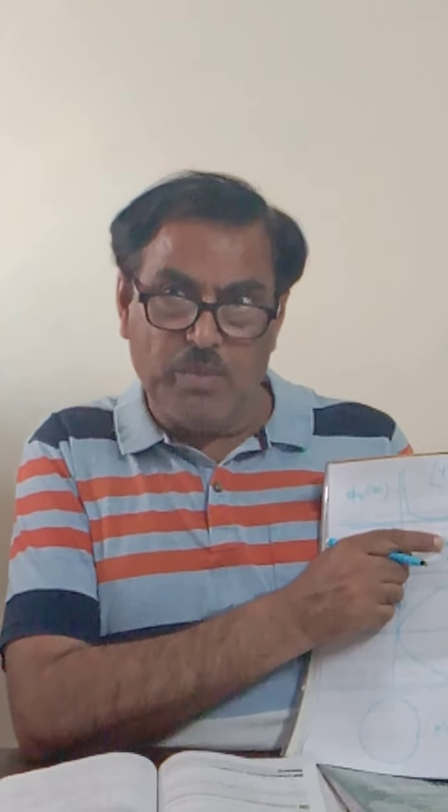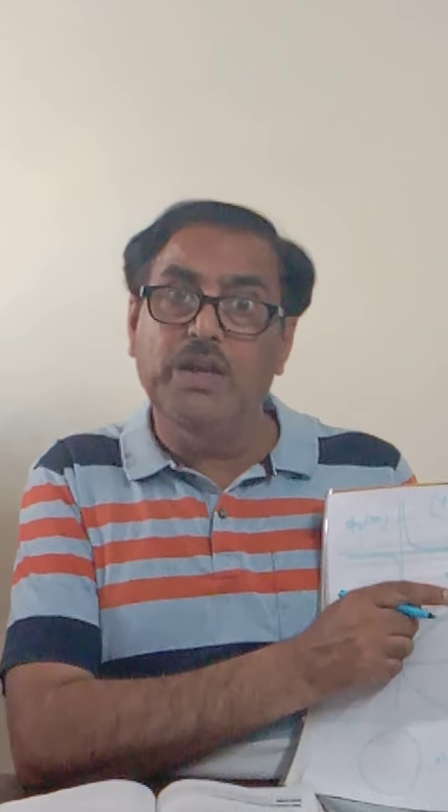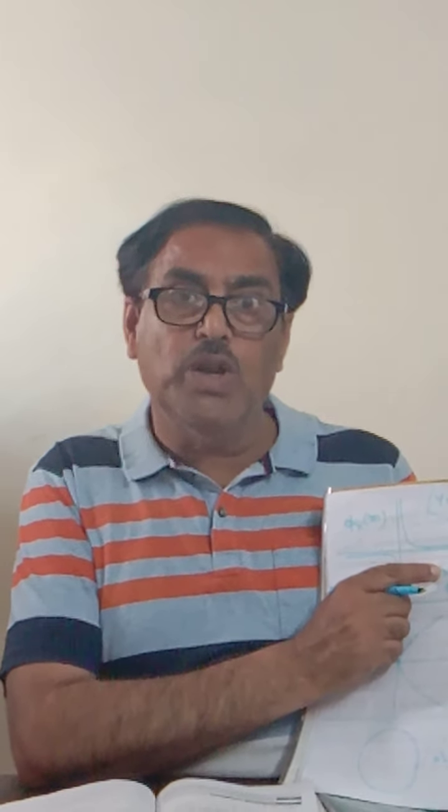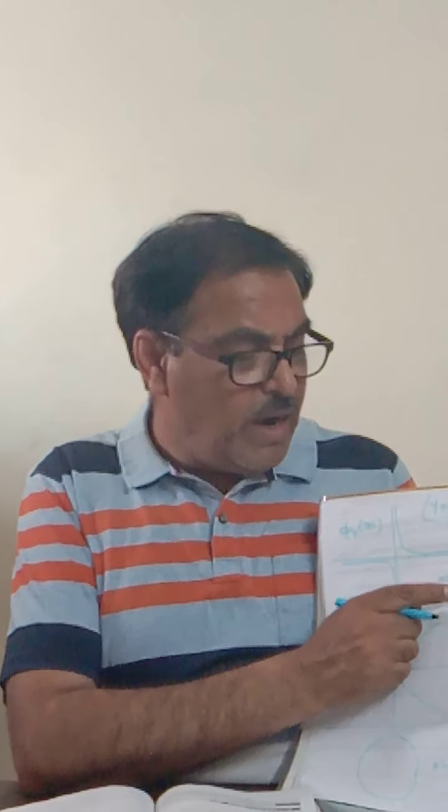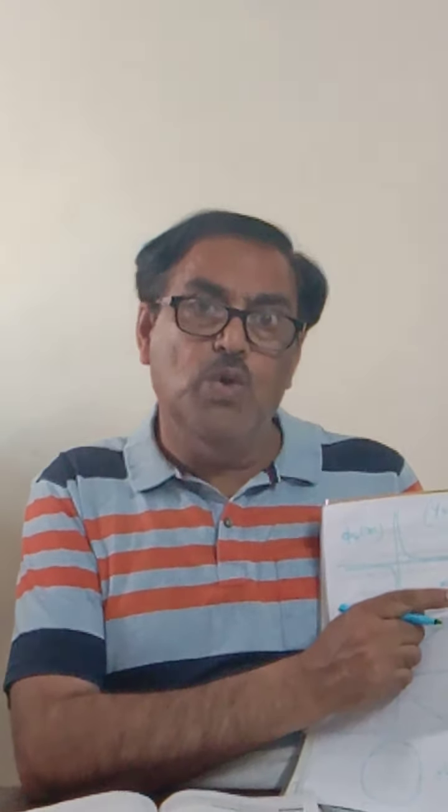So the asymptotes are given by putting the linear factors of phi n equal to 0: the first asymptote is x = 0 and the second asymptote is y = 0. So by this method we tell you that the asymptotes of xy = c square are x = 0 and y = 0. These are some simple examples I have explained here.